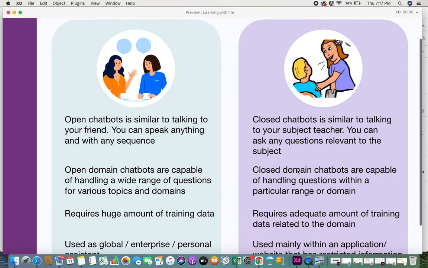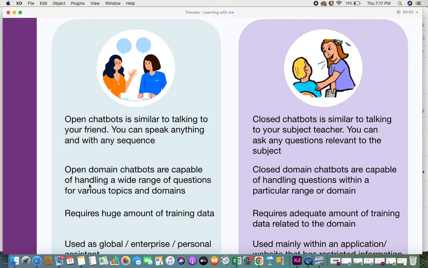To give you the definition, open domain chatbots are capable of handling a wide range of questions for various topics and domains. These bots are trained in a way that they can answer any number of questions irrespective of the domain or topic. Closed domain bots are capable of handling questions within a particular range or domain.